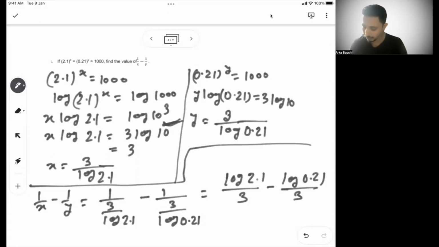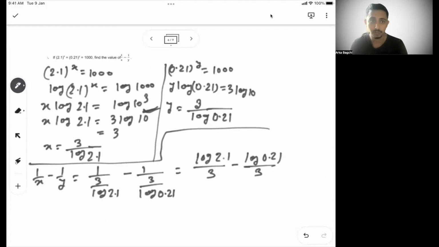So both have 3 in common. So this will become 1 by 3 into log of 2.1 minus log of 0.21.